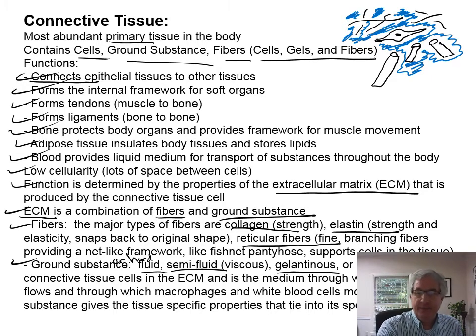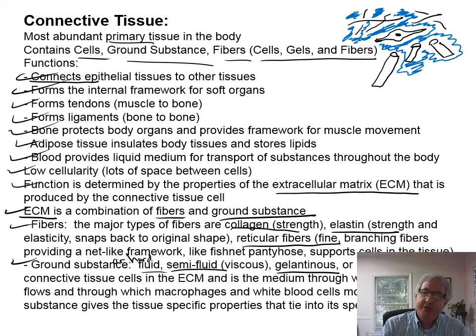The ground substance secures the connective tissue cells within the extracellular matrix, and it's the medium through which fluid flows through and around the cells and the fibers. Macrophages and white blood cells also move through this ground substance. It gives the tissue specific properties that tie into its function.